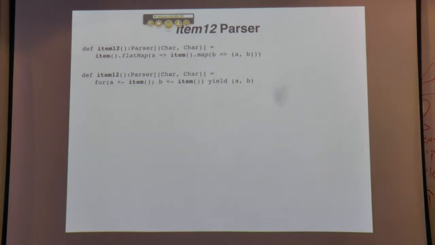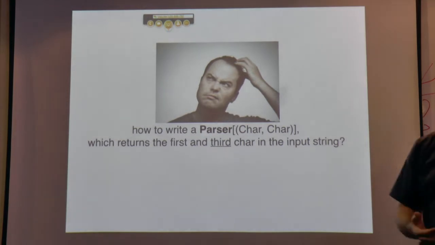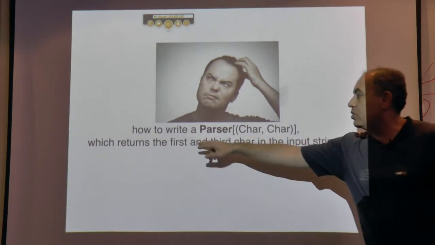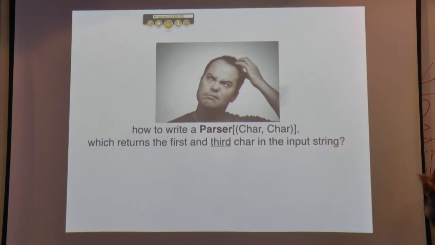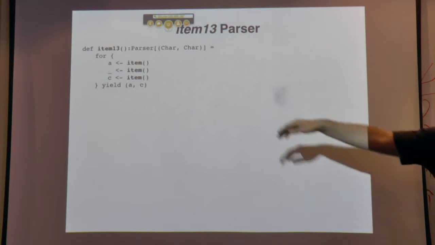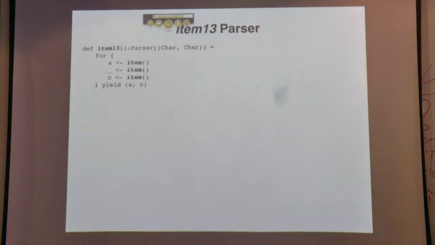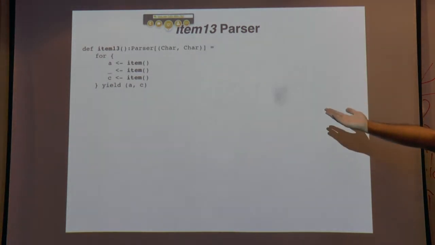It looks nice. Okay. And now I want, as an exercise, to create a parser which returns the first and the third character. And now we know how to do that. It's just this. I don't want to desugar it again, so it's very simple.